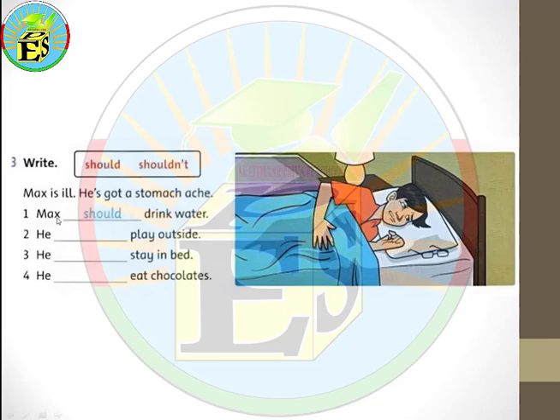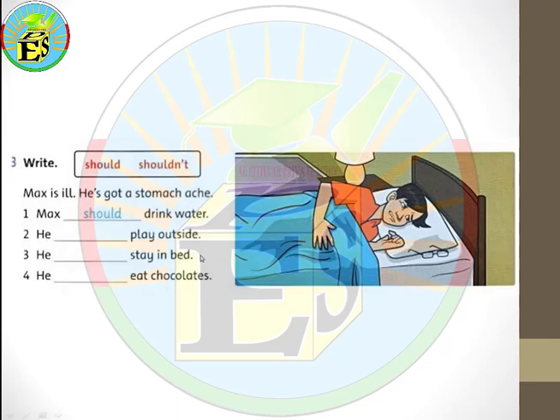So now, let's try to solve example number 2. He dash play outside. So he has got a stomachache. Should he stay at home? Or is it okay for him to go and play outside? Which one do you think is the correct answer? Number 3. I want you to think of the answers and then we will check them together. Number 3.